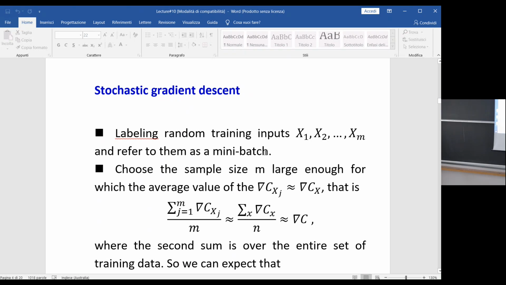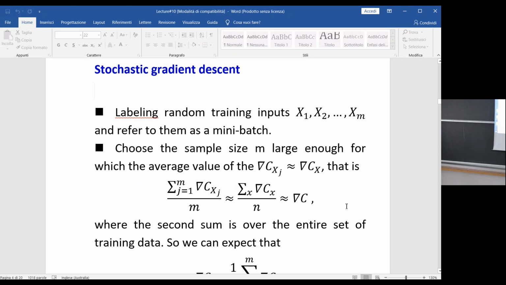Of course, the procedure to choose the mini batch should be random, a well mixed procedure. Well mixed in the sense that we have a uniform distribution of random choice of our mini batch in the training set.